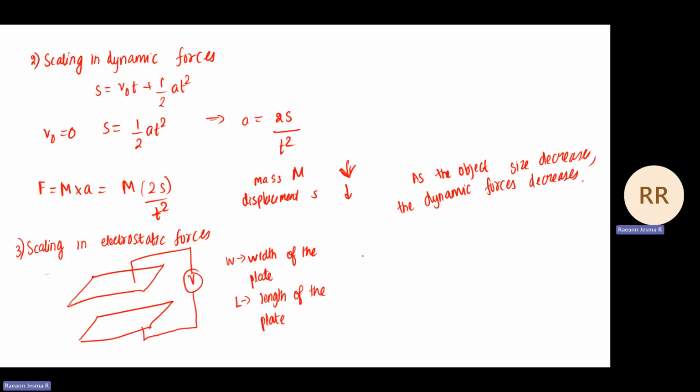Then the electrostatic potential energy induced in the parallel plate is given by U equal to half C V squared. So here C is capacitance, which is given by epsilon naught epsilon r A divided by D. So A, area, is width into length, divided by D. So here D is the gap between the plates.